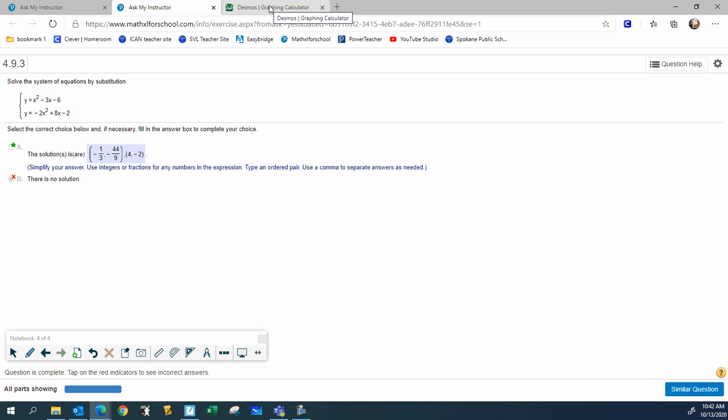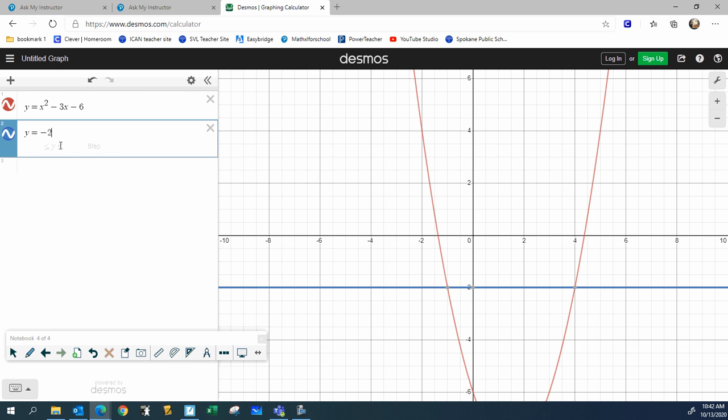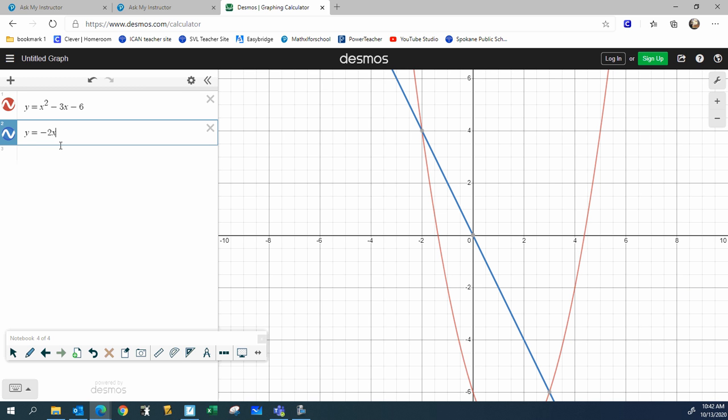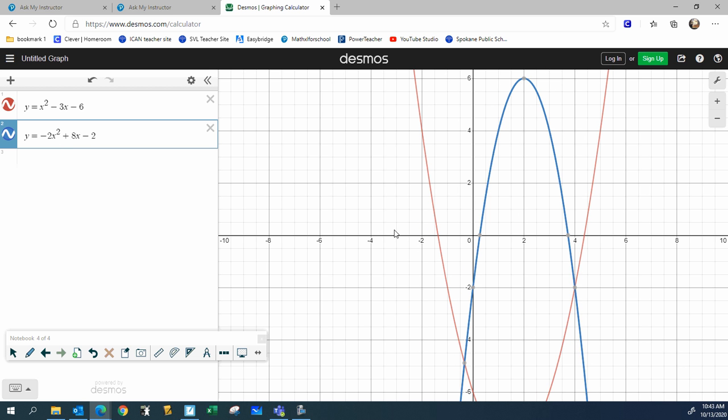And the second one's negative 2x squared plus 8x minus 2. I think I have those right.